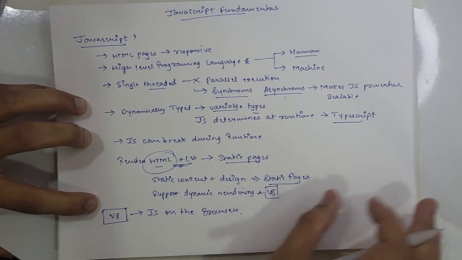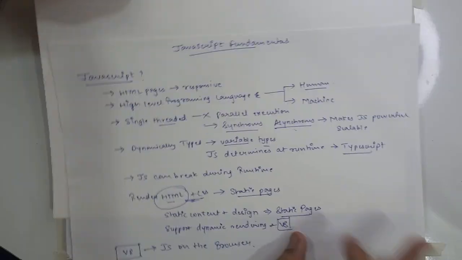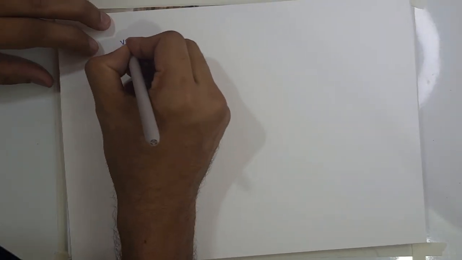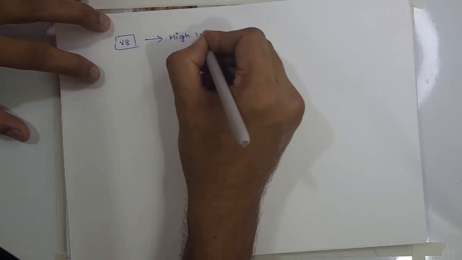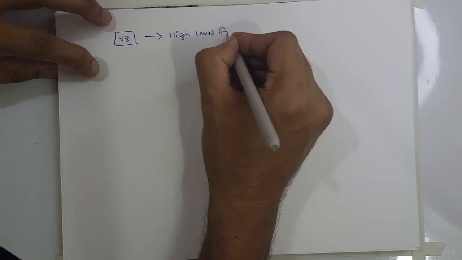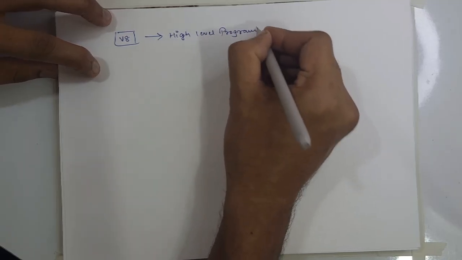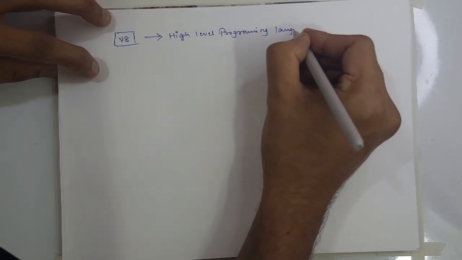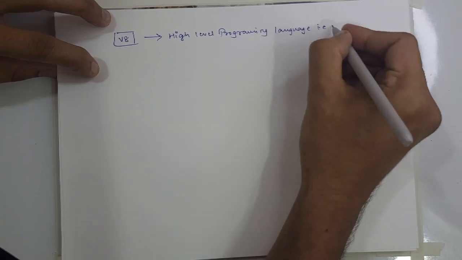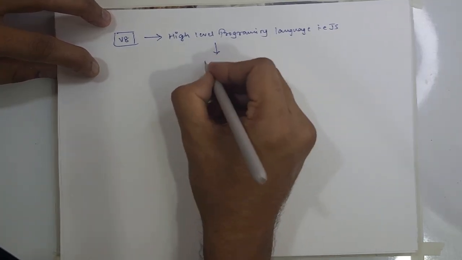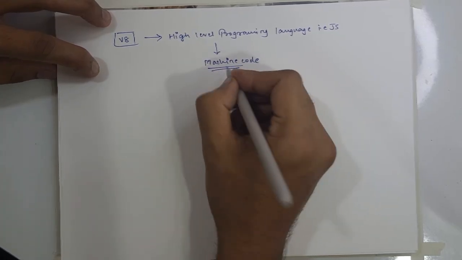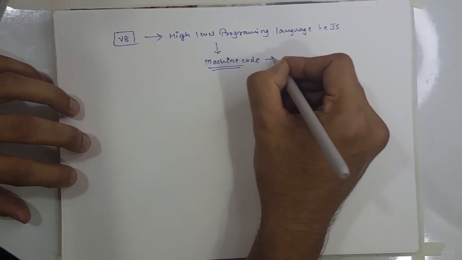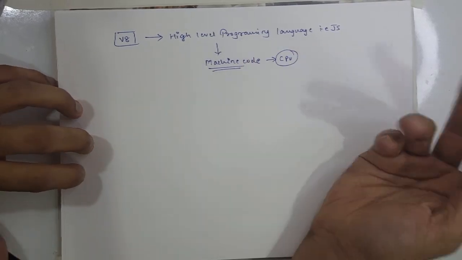Let me just take a new page. What the V8 engine does is convert our high level programming language, that is JS, into machine code, which can run on our machine, in the sense that our CPU understands machine code.